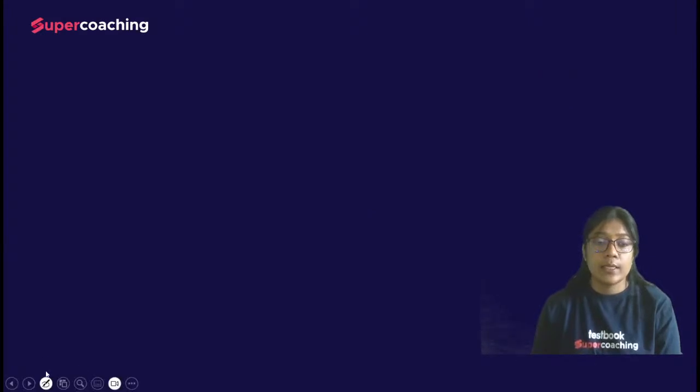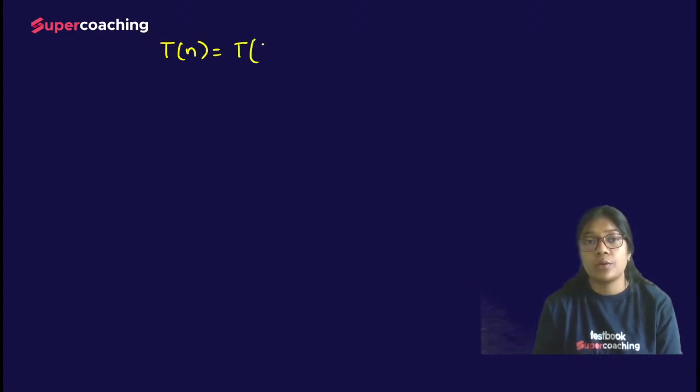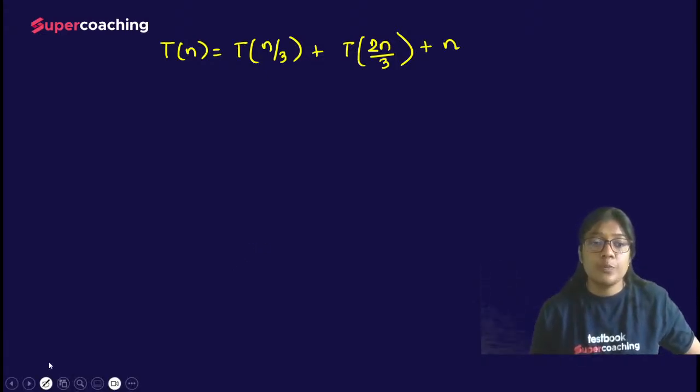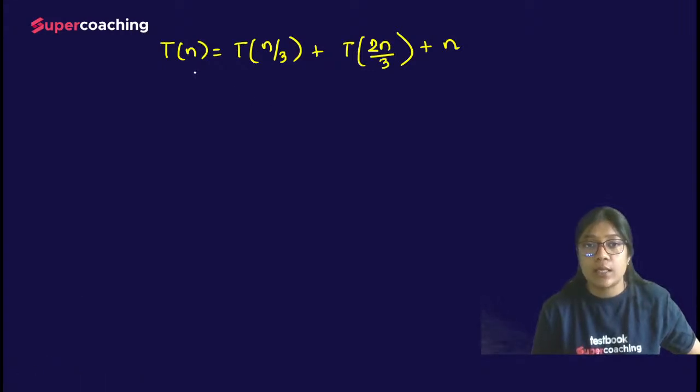Let us consider one example for the same. Let's say T(n) = T(n/3) + T(2n/3) + n. So if you see here, in the original problem we are given n elements, and the problem is divided into two parts.